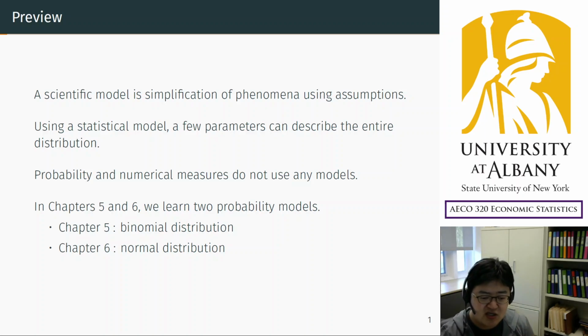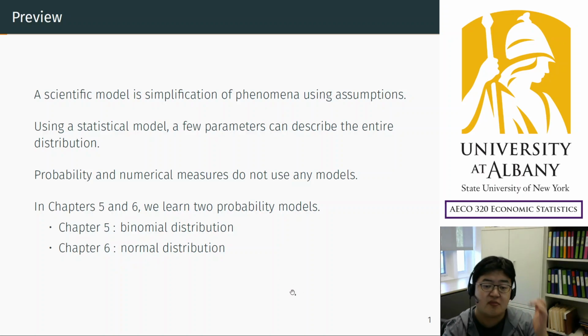The expectation exists for any numerical variable, but if you add additional assumptions, then it can simplify the distribution much better. So in chapters 5 and 6, we are going to learn two statistical models, two probability distribution models. One is the binomial distribution model, and the other is the normal distribution model.